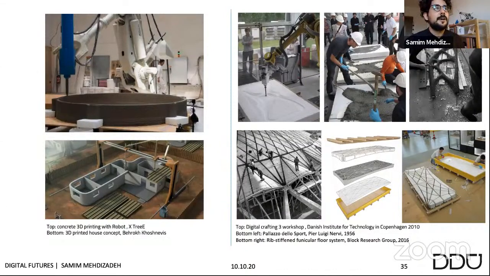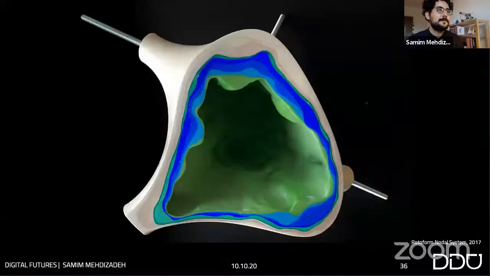But on the right side of my screen, you can see robotic concrete has gone a lot in the direction of CNC milling, subtracting the formwork and pouring the material, which is also a wasteful procedure.